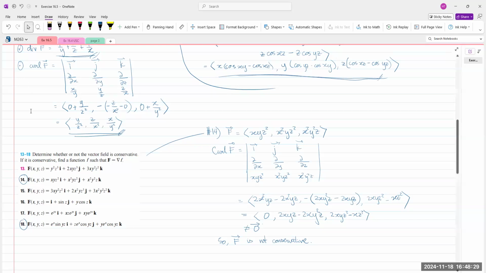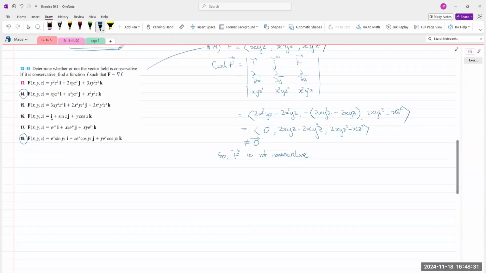Let's see number 18. The vector field is e to the x sine yz, z e to the x cosine yz, y e to the x cosine yz. Why do I suspect this is also not conservative?